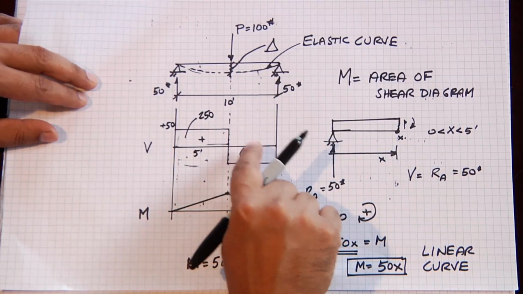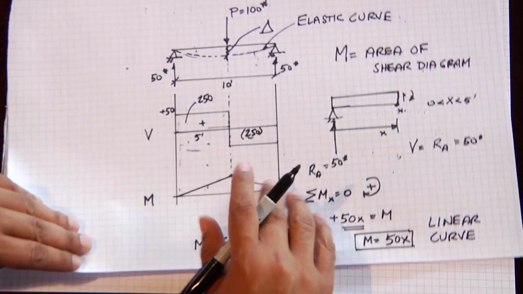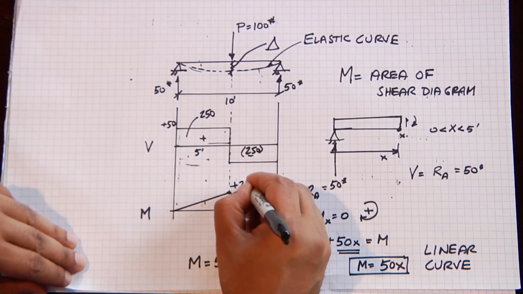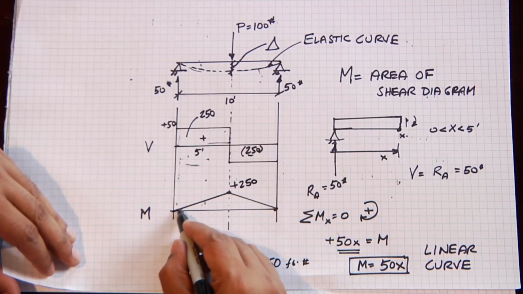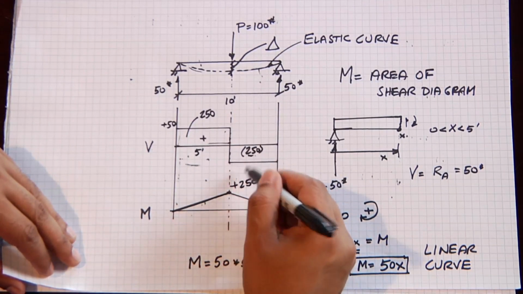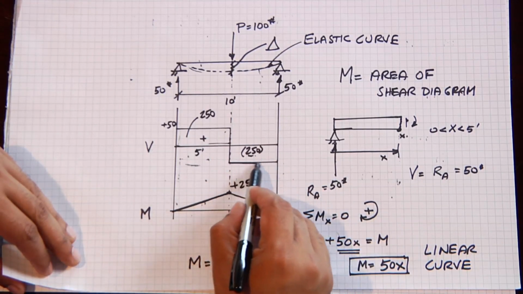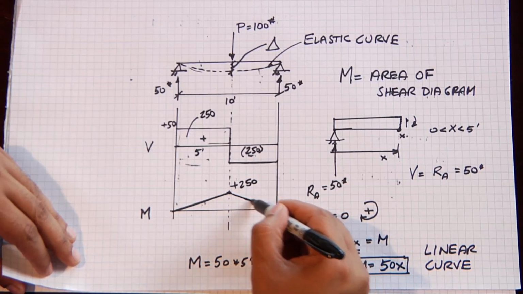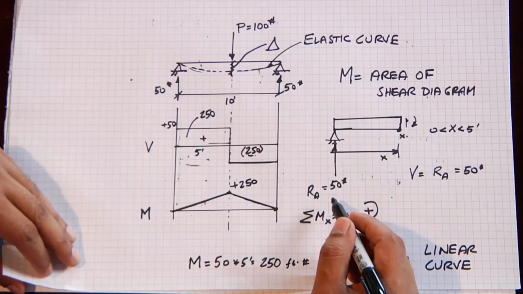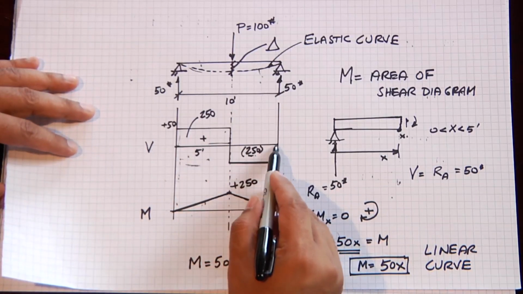Very important that the two are equal, because when you add them, they have to become 0. So my maximum moment is 250, which goes up with a straight line, and then this is minus 250, which goes down with a straight line, because this is a constant and this is a linear curve. And the sum at the end is 0.